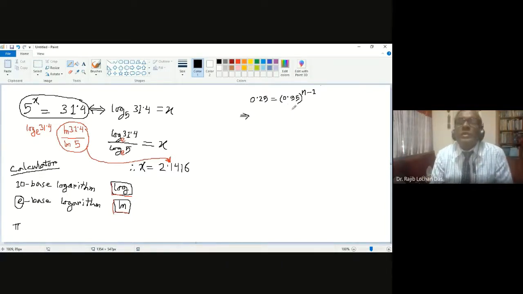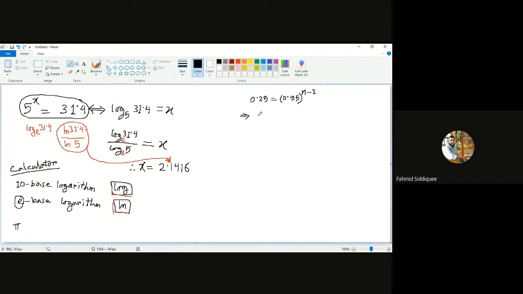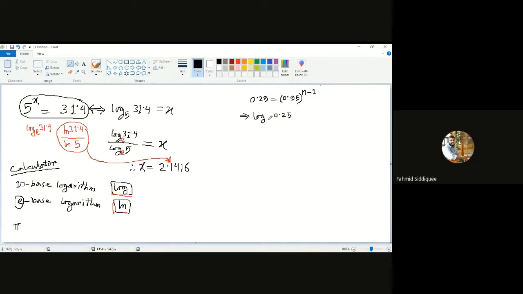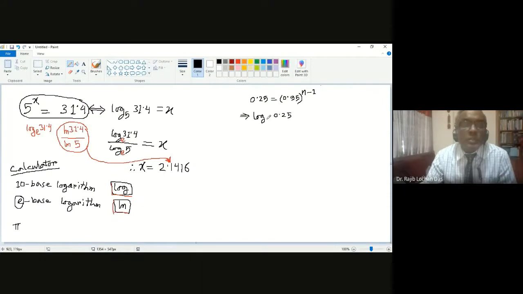Log of 0.25, it is correct, and to the base 0.95. Correct.